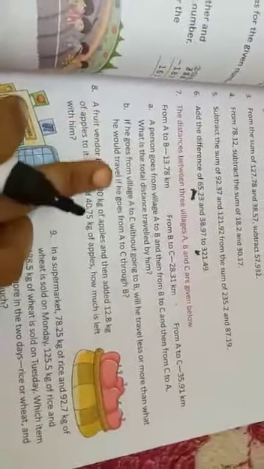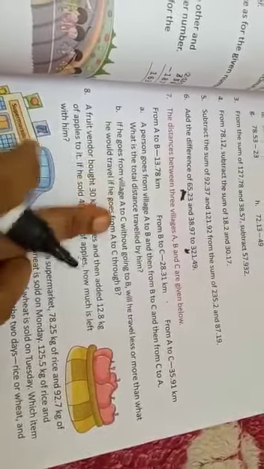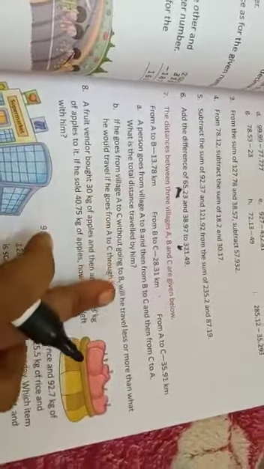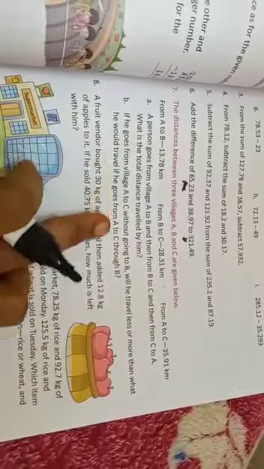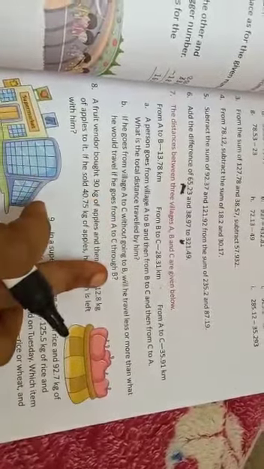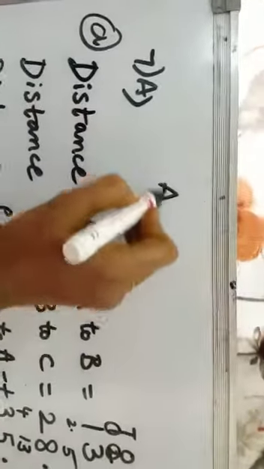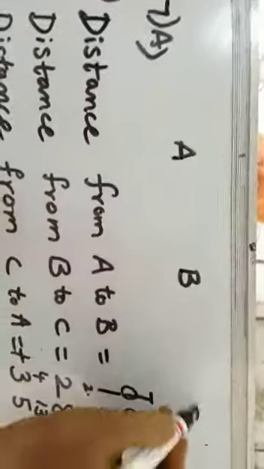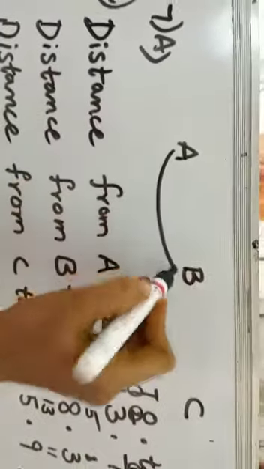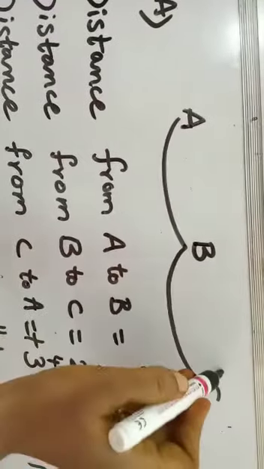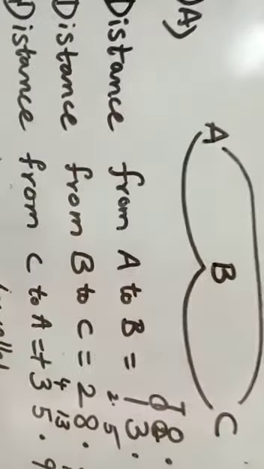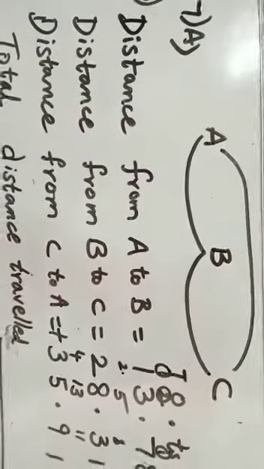If he goes from village A to C without going to B, will he travel less or more than what he would travel if he goes from A to C through B? That means, see here, A, B, C. First he travelled from A to B, then B to C, then C to A, right? Okay.